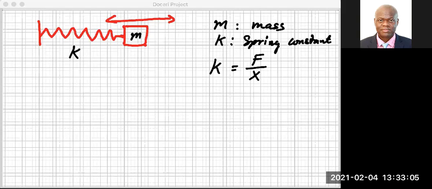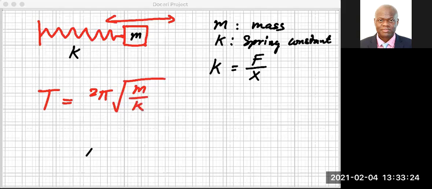Okay, so for this system, the period is given by T equal to 2 pi square root of m over k.